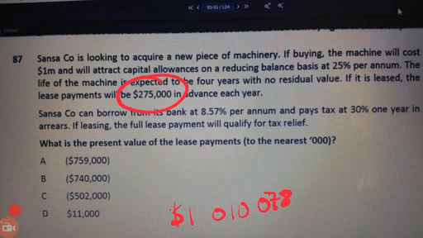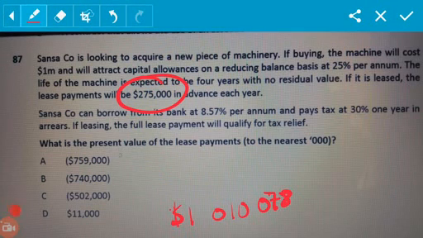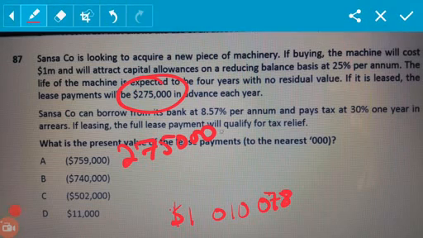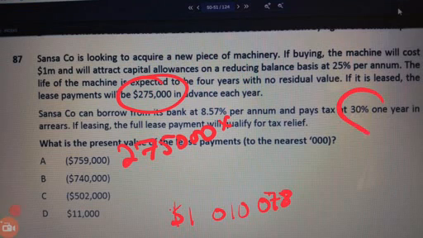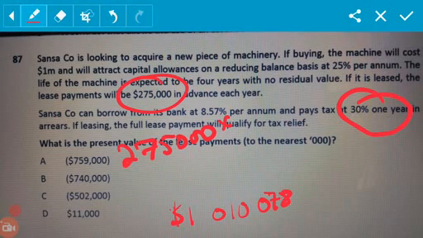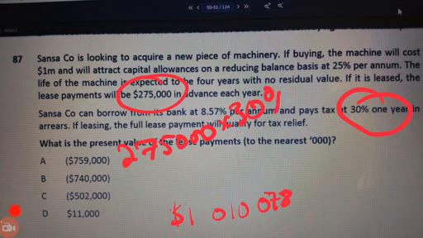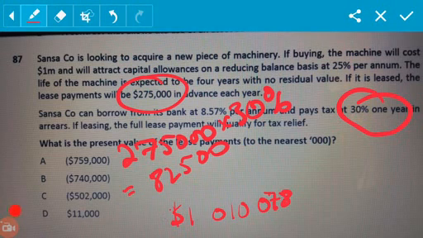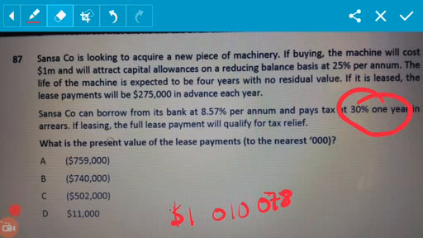How you do that is you take your lease payment of 275, and this lease payment gets a tax rebate of 30%, which equals $82,500.